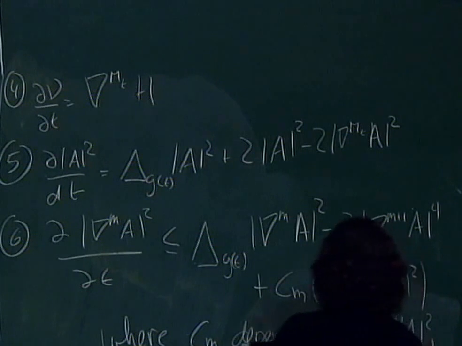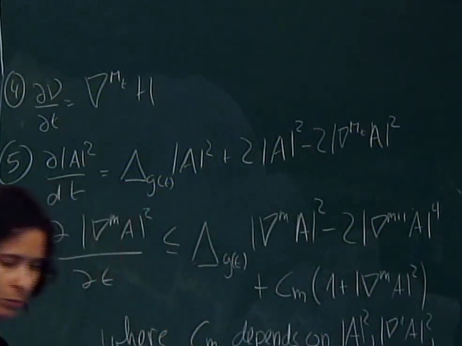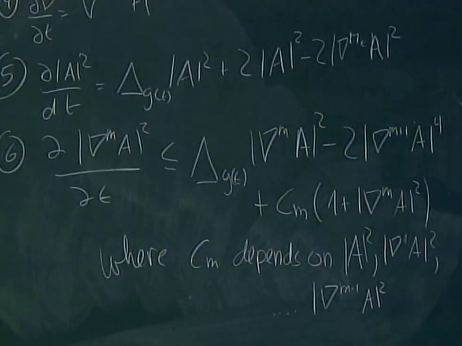Okay, so let me define that. I think this quantity was defined yesterday, maybe in the first lecture. This is the trace of the square of the second fundamental form. So this is actually the sum of the squares of the principal curvatures.